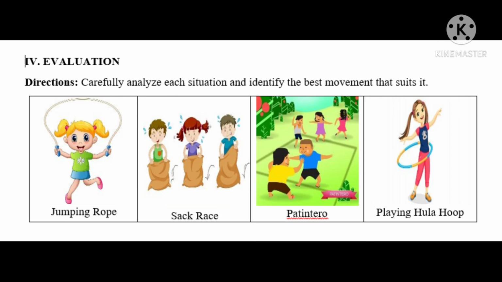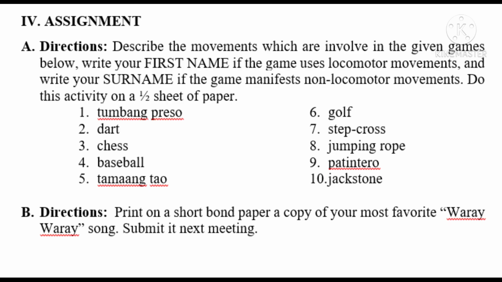And now for our individual test, please answer this activity silently. And for your assignment, describe the movements which are involved in the given games below. Write your first name if the game uses locomotor movements, and write your surname if the game manifests non-locomotor movements. Do this activity on a 1/2 sheet of paper.